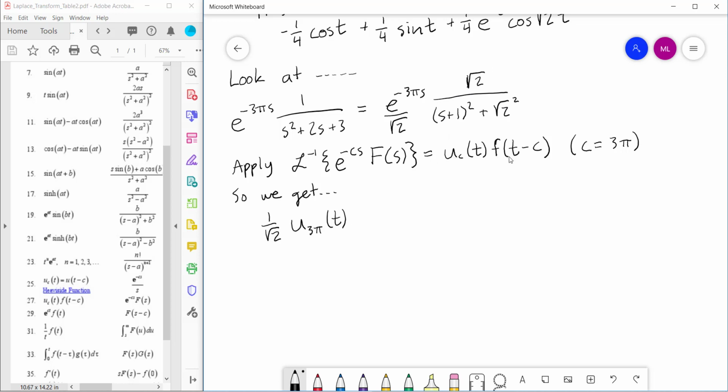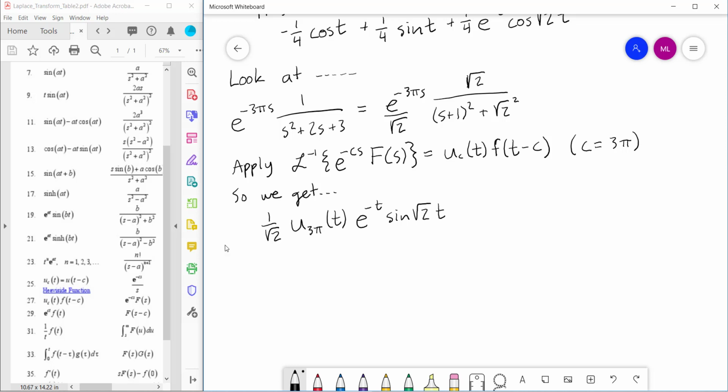Now what is our f of t if this is our capital F of s? Well, again, looking at our table, that's going to be e to the at sine of bt, where our b value is square root of 2, and our a value is negative 1. So we're going to get e to the negative t sine of root 2 t.